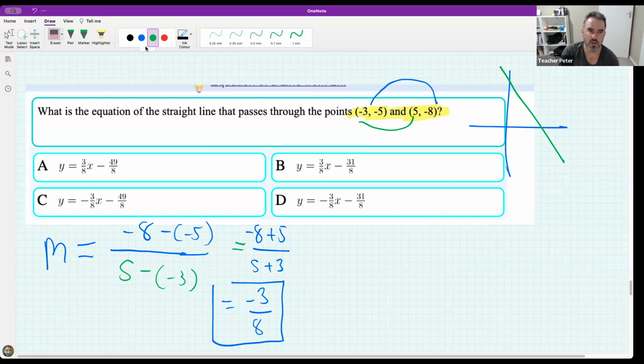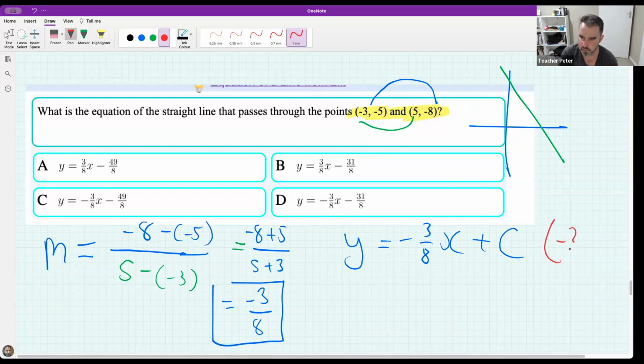Now I'm going to use the first method. So I know that I want c. And I'm going to choose what point? I think I'm just going to choose (-3, 5). Now, what I have to watch out for is minus 3 over 8 times minus 3.